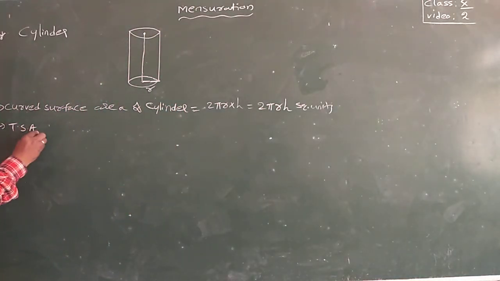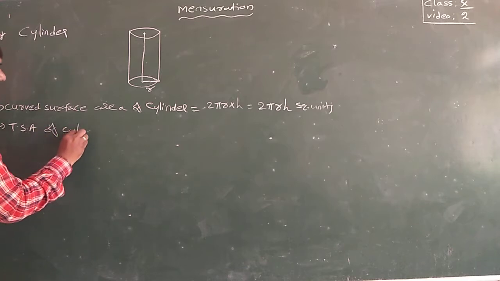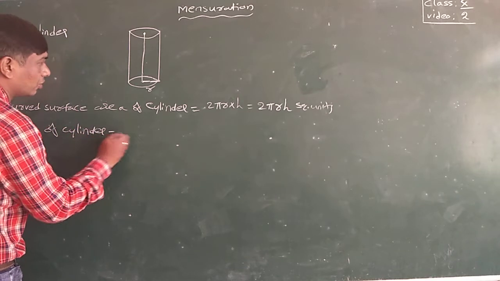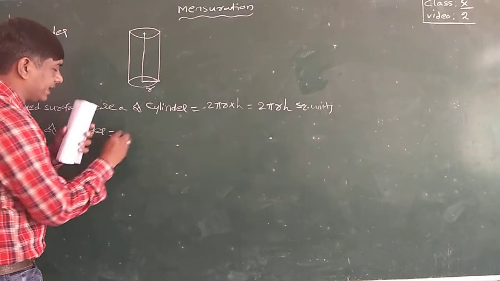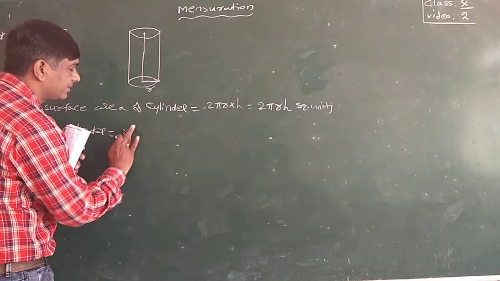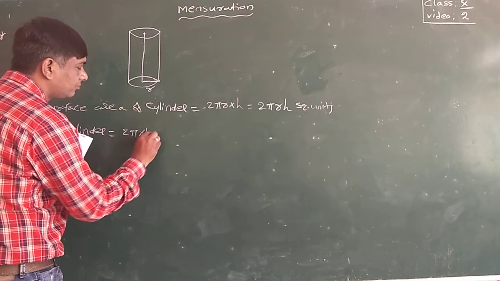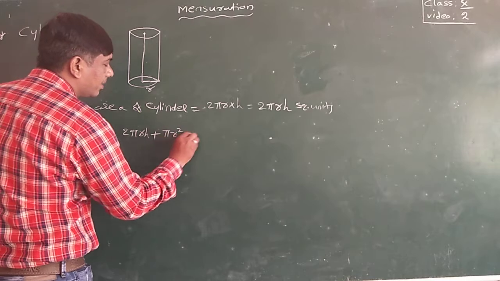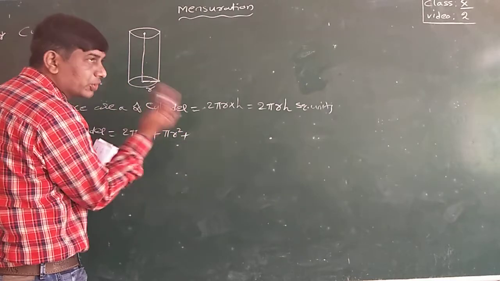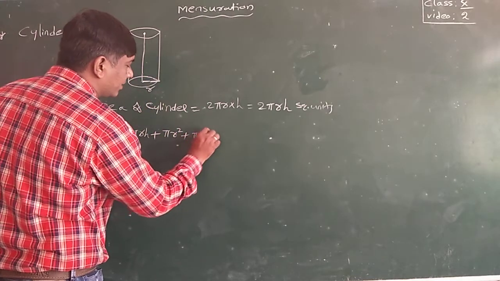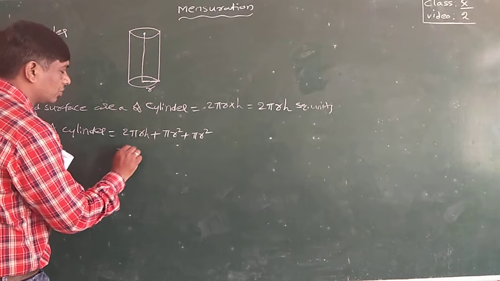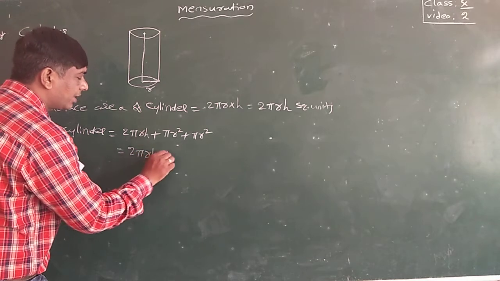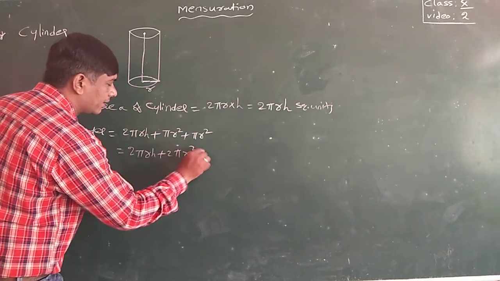Total surface area TSA of a cylinder is equal to the curved surface area 2 pi r h, plus the area of the top pi r square, plus the area of the bottom. Both are circle shape only, so pi r square. So that is equal to 2 pi r h plus 2 pi r square.